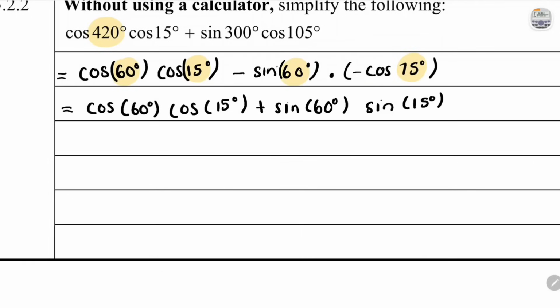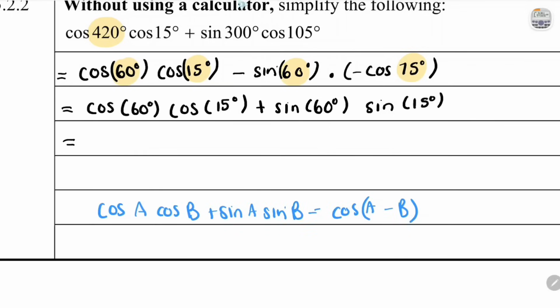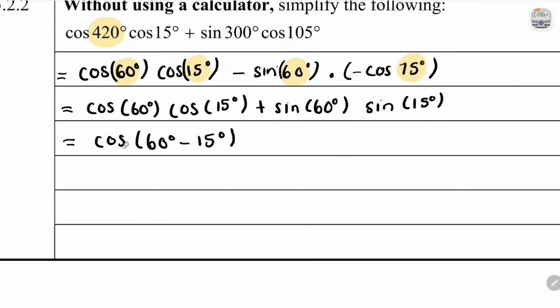And now that it looks like this, it's following the compound angle rule for cos. So it simplifies to cos 60 degrees minus 15 degrees. So what's 60 minus 15? That is 45 degrees. So this is cos 45 degrees.